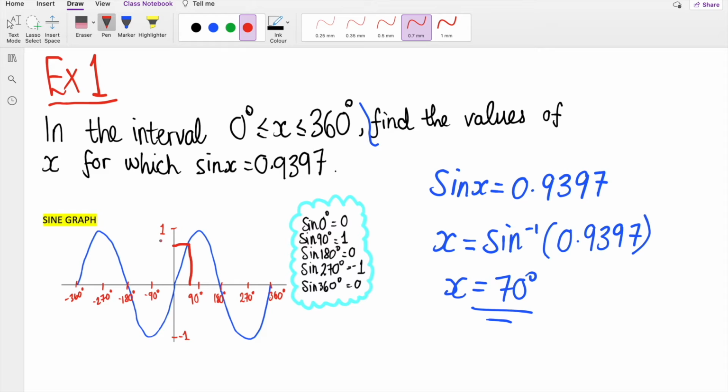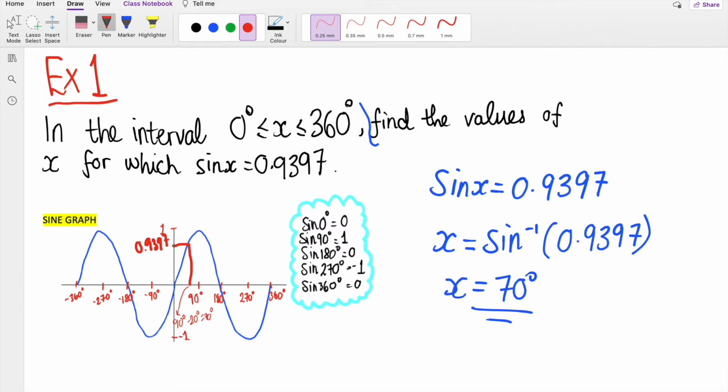Sine x is equal to 0.9397, that is what that means. To get to 70 on the x-axis, it's 90 degrees subtract 20 degrees to equal 70 degrees. And this graph is symmetrical.